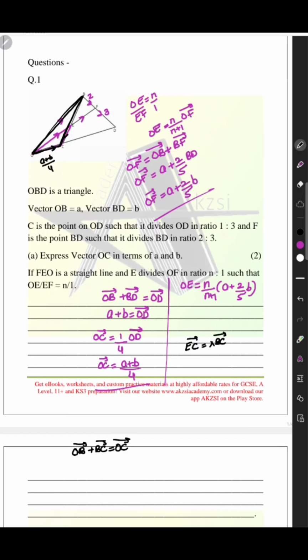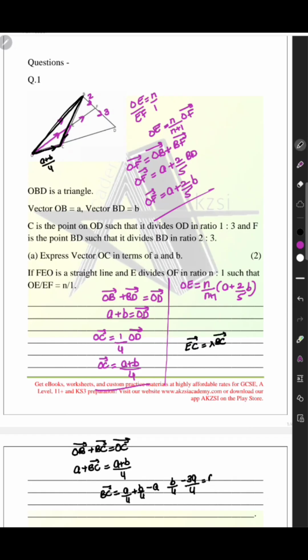You need to add them up. OB is already given as A, and BC we have to calculate, and OC we have already calculated as A plus B by 4. So from here BC would be A by 4 plus B by 4 minus A. So that will give me B by 4 minus 3A by 4.